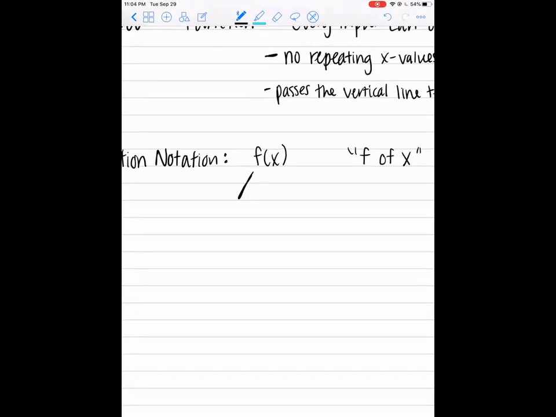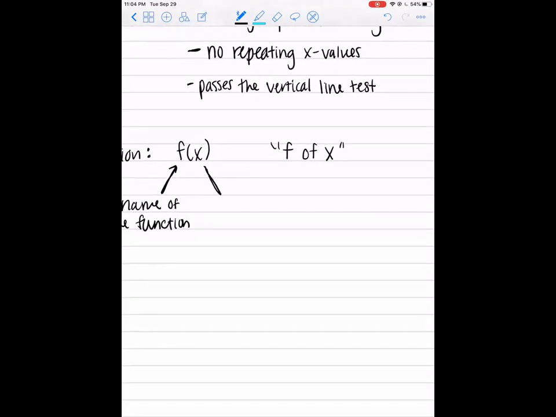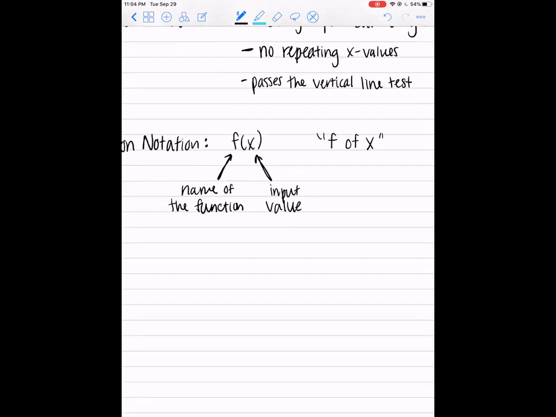Now our f is the name of the function, where our x is our input value, or our variable that we've been working with. So you can see it in many different ways, and we're going to kind of figure out why we're going to this function notation versus just saying equals y.